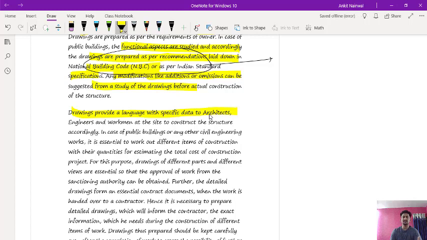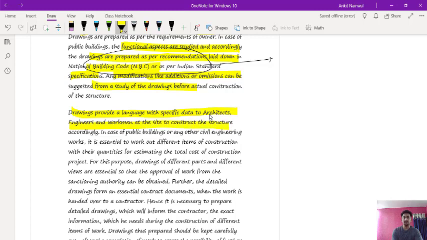All these things are the specific data that are provided in the drawing, so that the layman may also understand by studying the drawing.